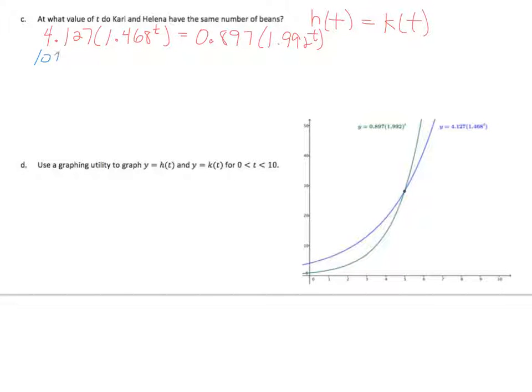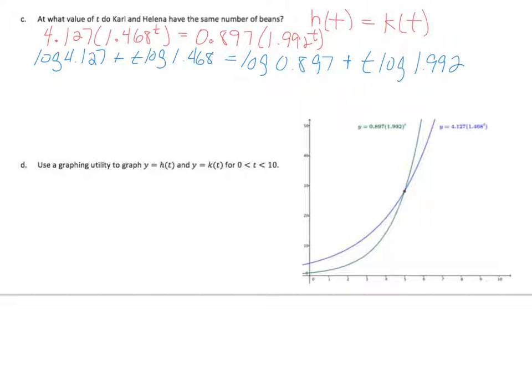So I've got log of 4.127 plus, multiplication means addition, so I'm skipping a step here, log of 4.127 plus t log of 1.468 equals log of 0.897 plus t log of 1.992.